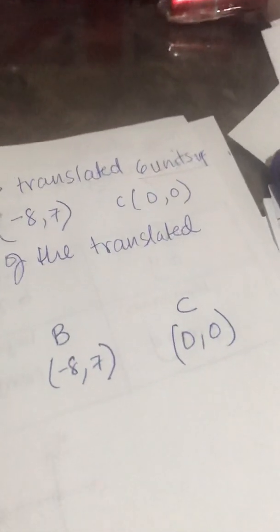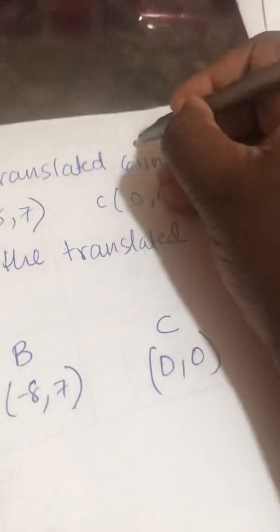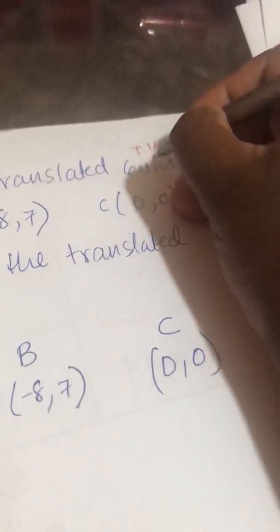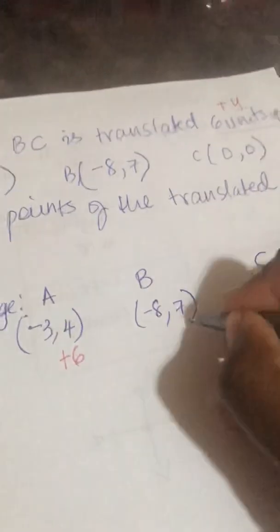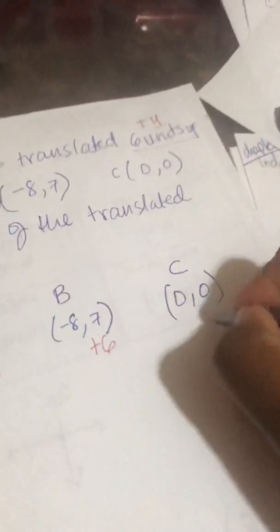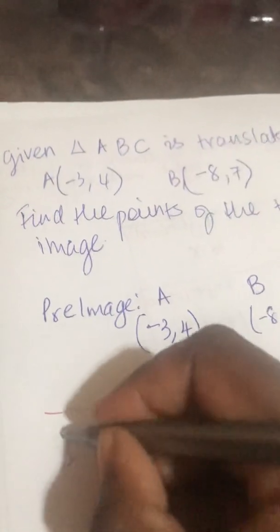That means I'm not touching X, I'm only touching Y because I'm going up. So this is up, so I'm adding on Y. And how much am I adding on Y? 6. So I will add 6 only on Y. And now I will get the image.